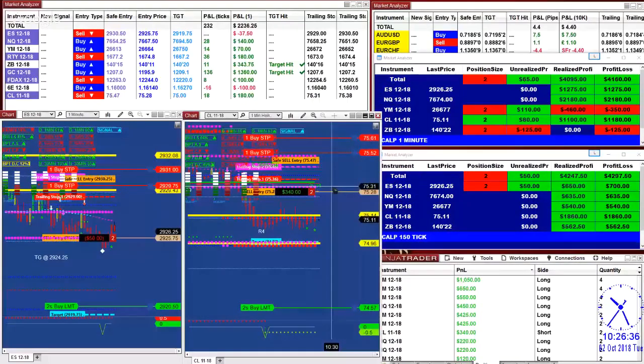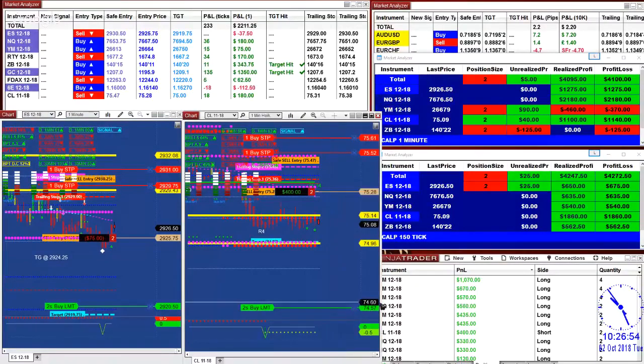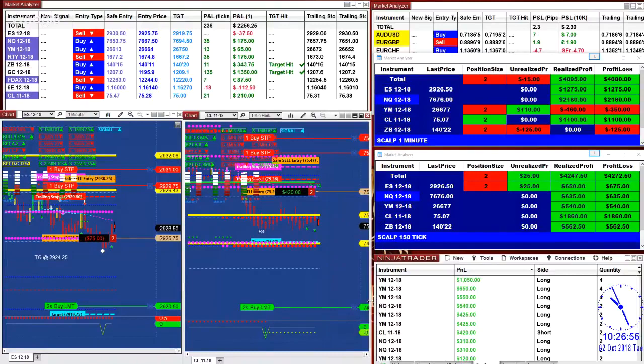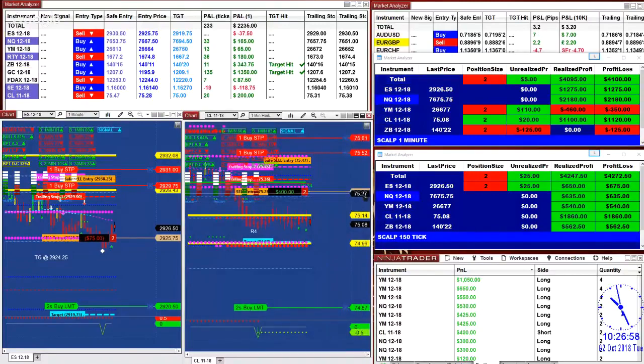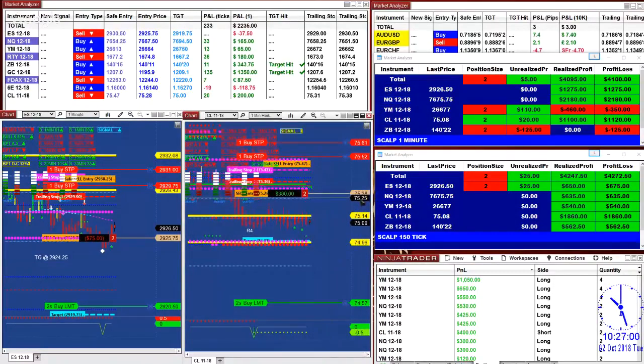We are sitting on the side waiting to see if there's any direction. The market is really struggling. I'm gonna be quiet for a few seconds.